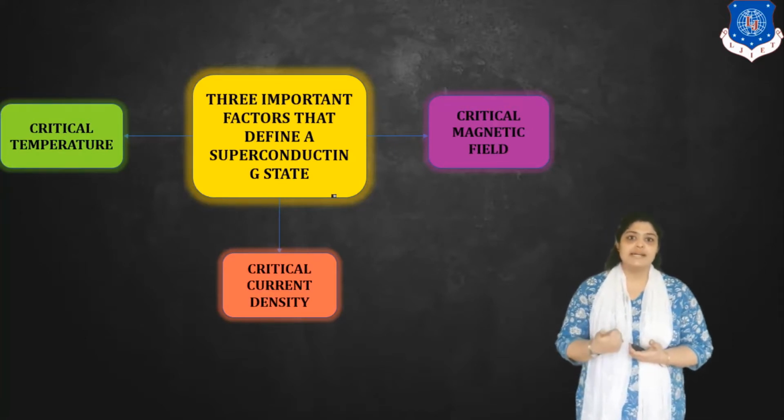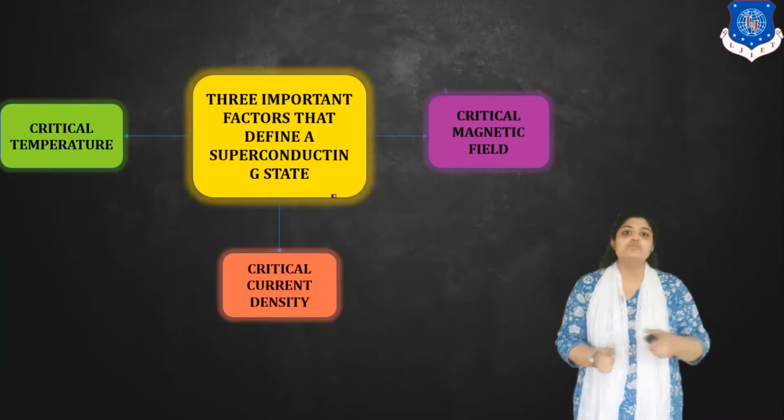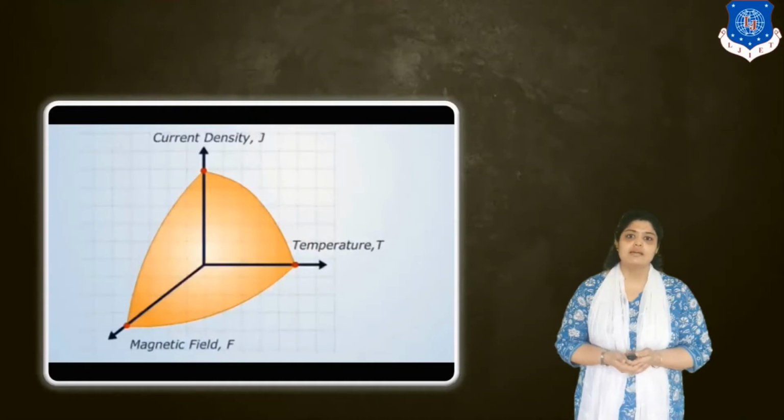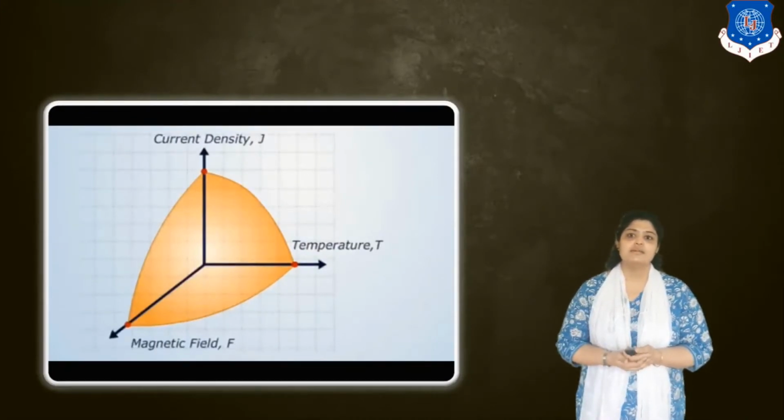What exactly is critical temperature? Why is it known as an important factor? Because if you increase the temperature beyond this value, superconductivity is lost. Let us see the relation between these three. On this graph, we have this as the temperature axis, this as the current density axis, and this as the magnetic field axis.